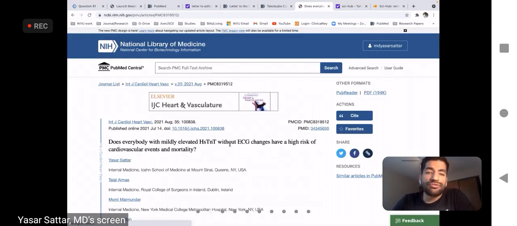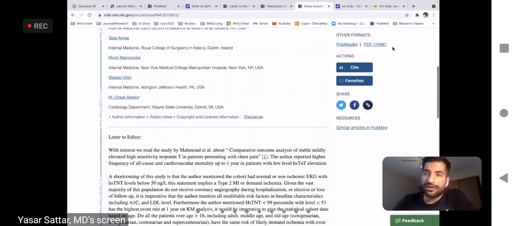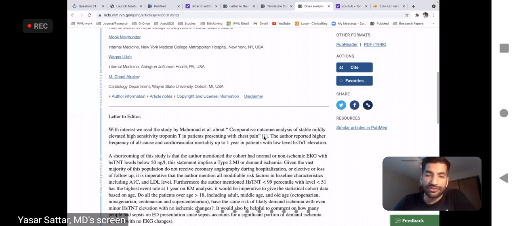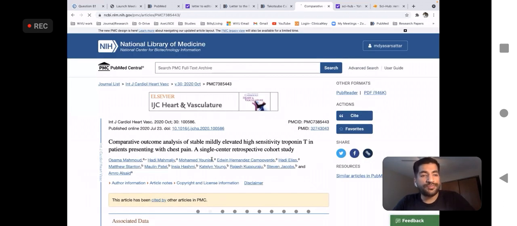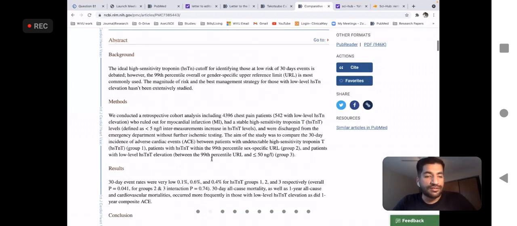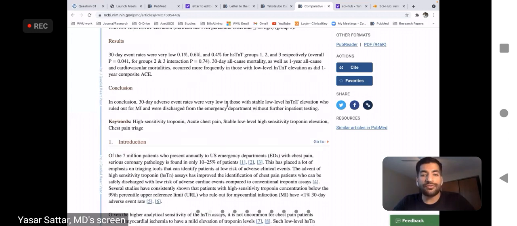I was reading a paper in the International Journal of Cardiology, Heart and Vasculature. This is the original paper, so I want you to read this paper. Look at the conclusion. In conclusion, 30-day adverse event rates were low in those with the stable low-level high-sensitivity troponin elevation who were ruled out for MI and were discharged.